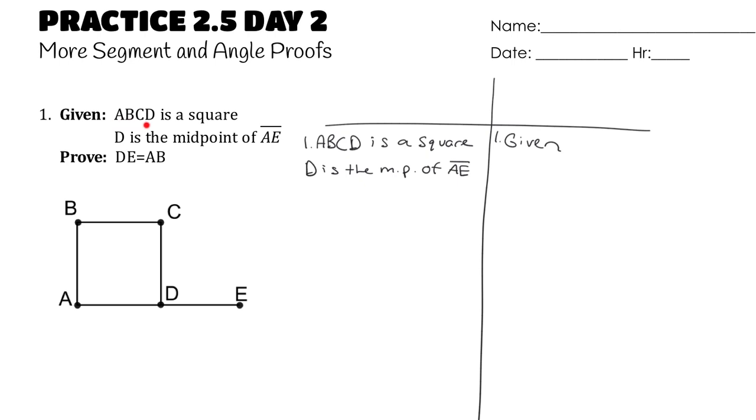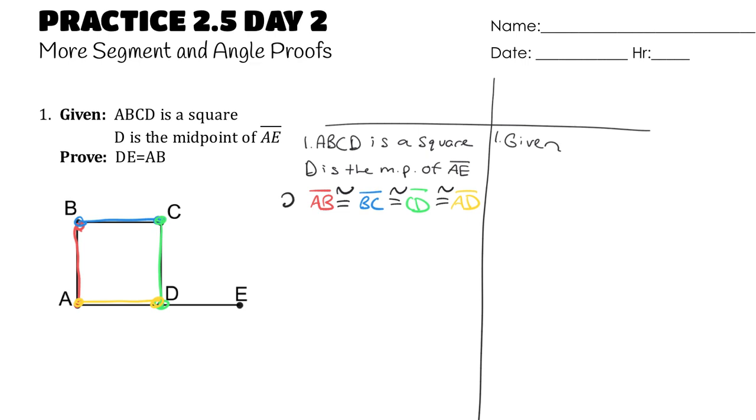It says ABCD is a square. So if this is a square, that would mean all 4 of these segments must be the same length. So we could say that segment AB is congruent with segment BC and also that's congruent to segment CD, and then of course our last segment AD.